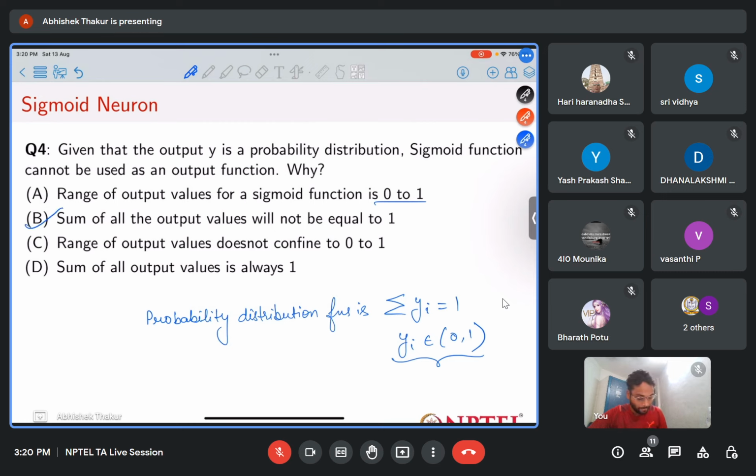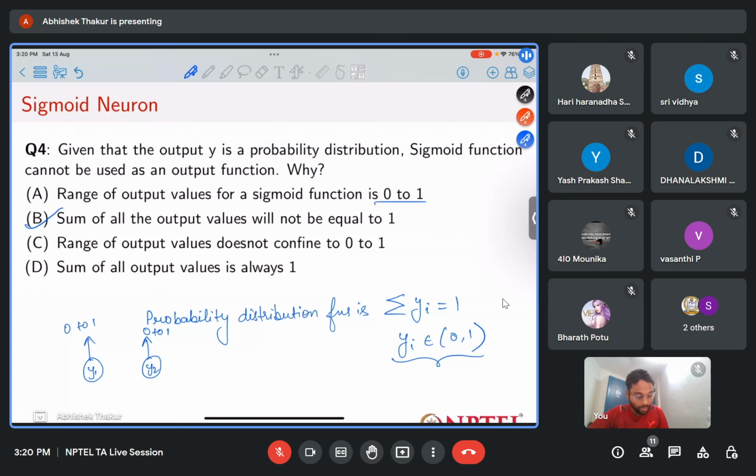Because when you take the sigmoid function, each neuron in the output layer, y1, y2, can be between 0 and 1. Let's suppose y1 is 0.9 and y2 is 0.2, then the sum will be 1.1, which is greater than 1.